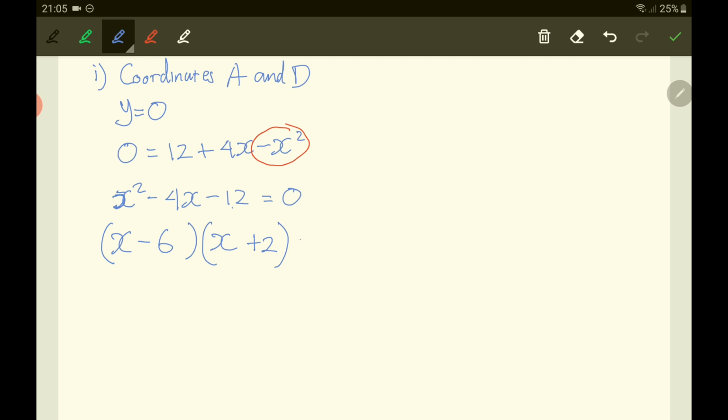Okay, so this is equal to 0. So x minus 6 equal to 0, or x plus 2 equal to 0. So x here is equal to 6, or x here is equal to minus 2. Yeah, so we get the answer for x now.